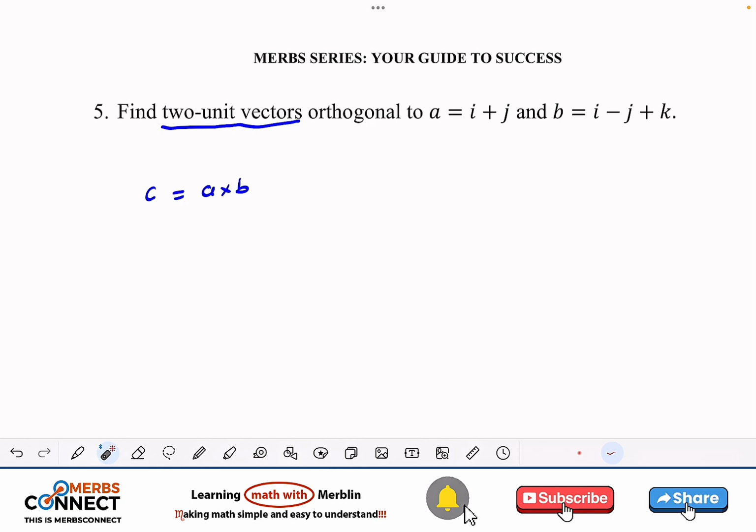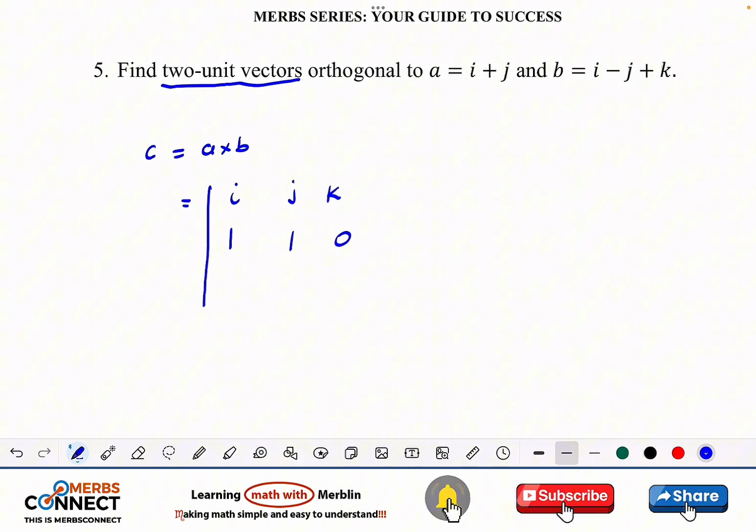So we are assuming that this vector C here is orthogonal to A and B, right? So I'm going to have i, j, k. I'm going to have 1, 1, 0, because I don't have k with this one. Then I'm going to have 1, minus 1 and 1. Good.